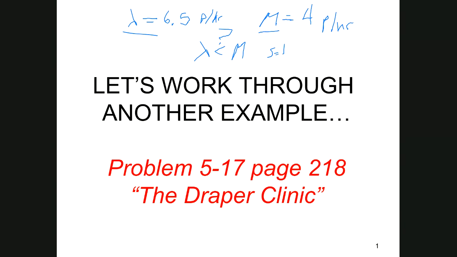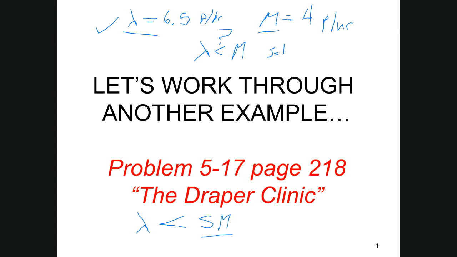But in this case, we've got multiple servers, so the relationship that has to be satisfied, which it is here, is lambda has to be strictly less than S times mu, where S is the number of servers. Think of this as your effective service rate.